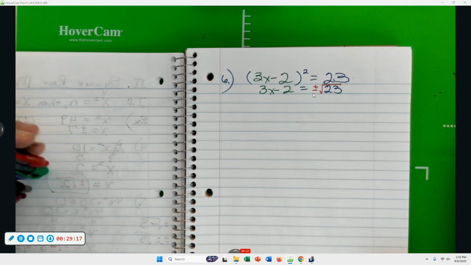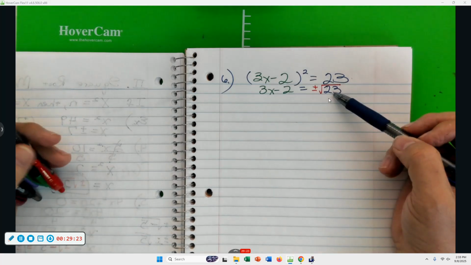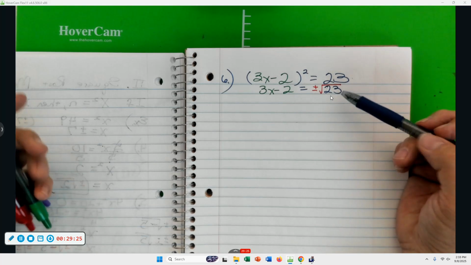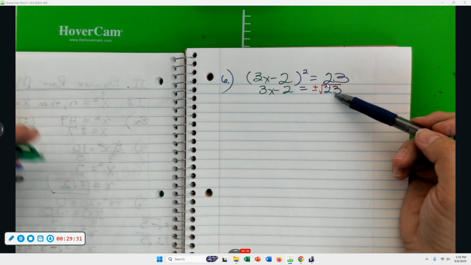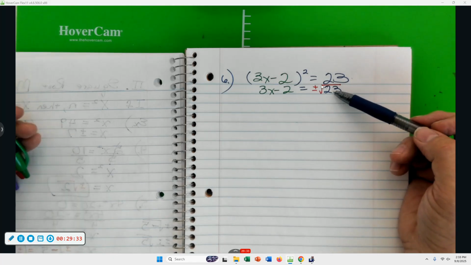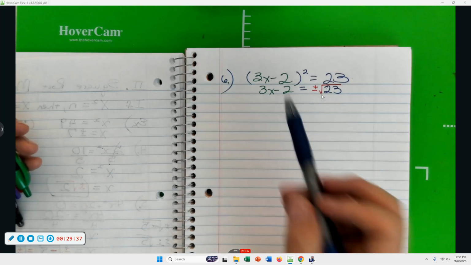Am I going to have an i in my final answer? No, because that number under the square root is not negative. Can we reduce the square root of 23? Is 23 a perfect square? No, 23 is prime. You're not going to be able to reduce the square root of 23.